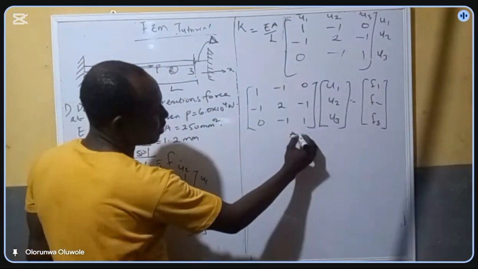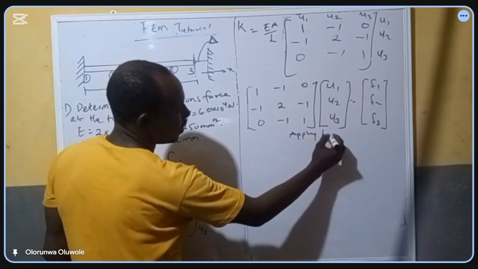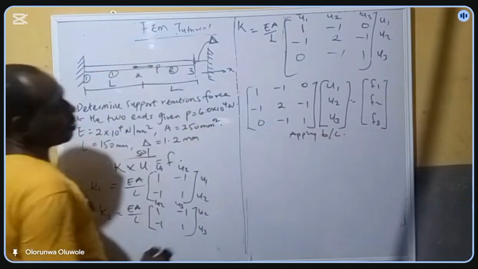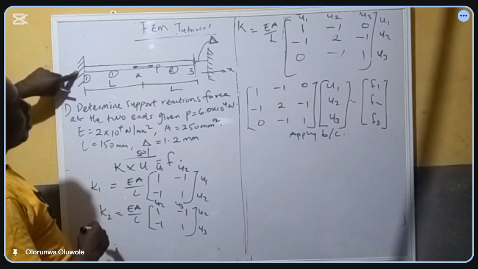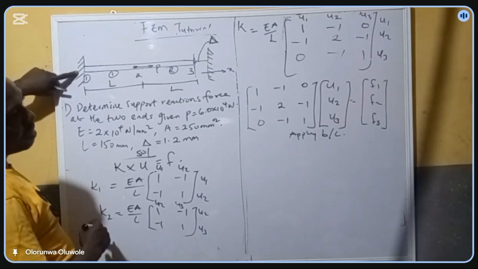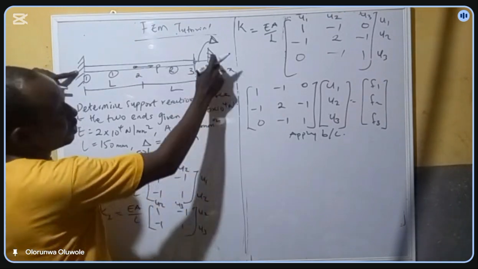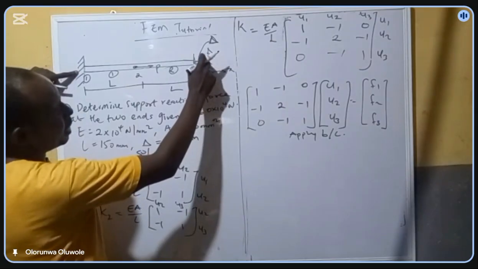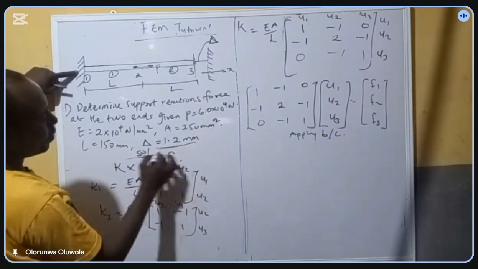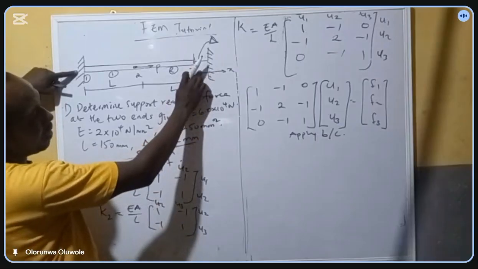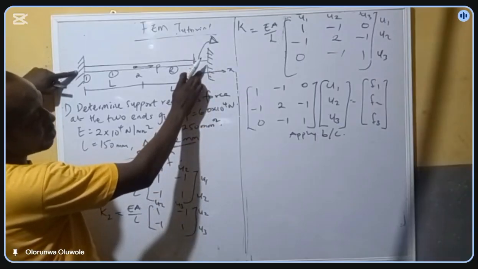So we apply boundary conditions. What is the boundary condition? My U1 here will be 0. My U3 here will now be this 1.2, because there's an extension at this end. Are you with me?